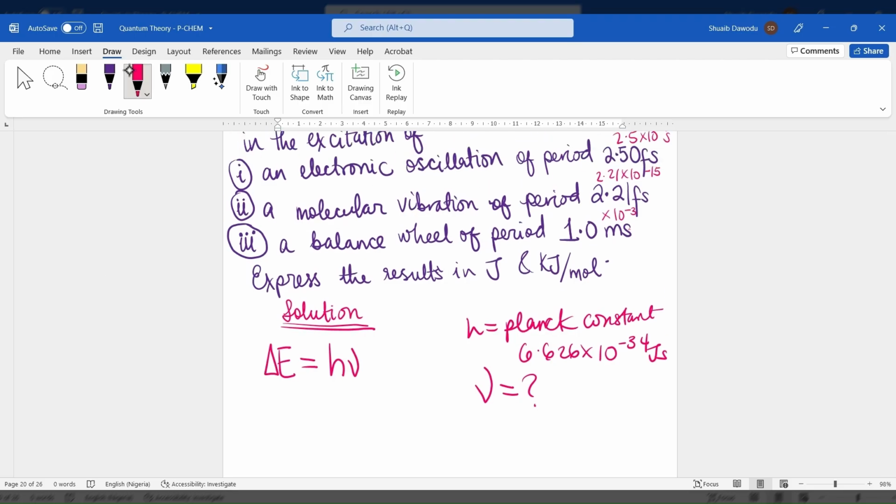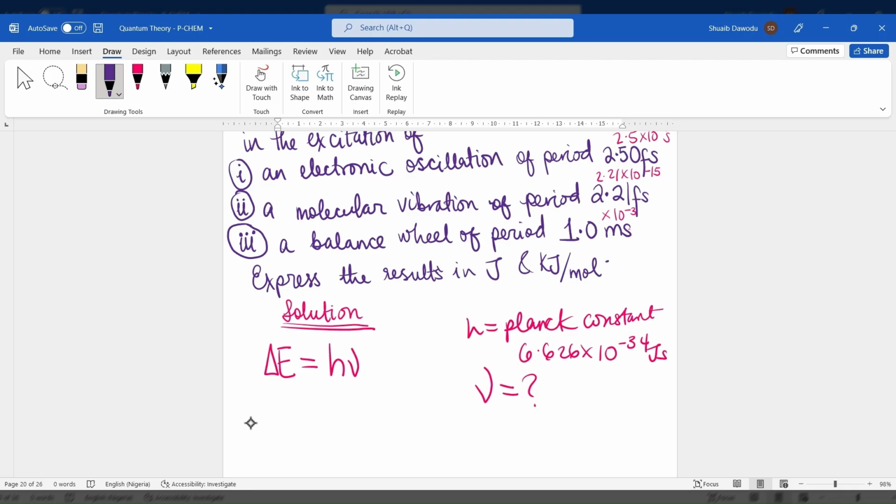But before we go ahead, remember that a lot of these advanced chemistry or science courses build on fundamental knowledge. So remember in physics, you were taught periods, frequency, pendulums, and vibrations.